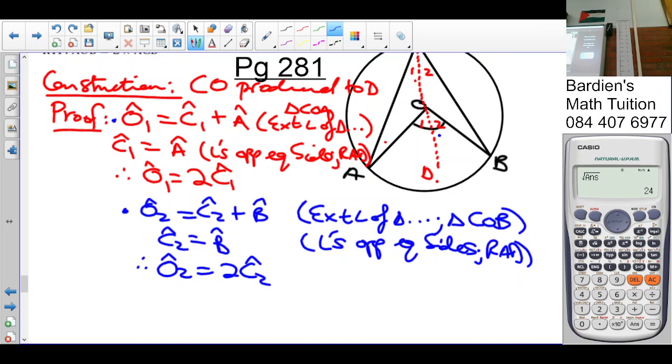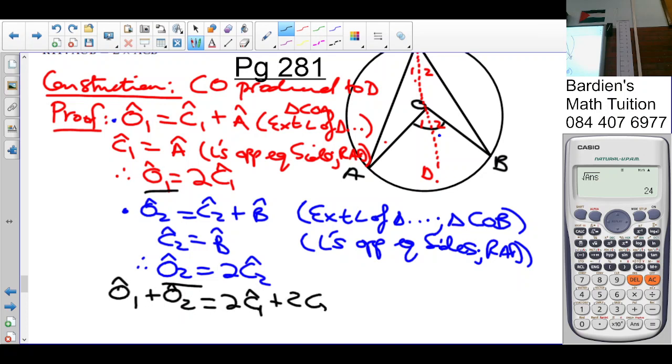Okay, let's just wrap this up quickly. So O2 is going to be twice C2. Now if I add O1 plus O2, that will be equal to 2C1 plus 2C2.